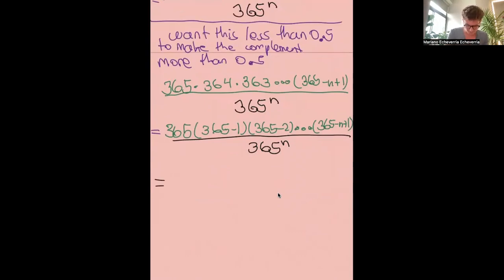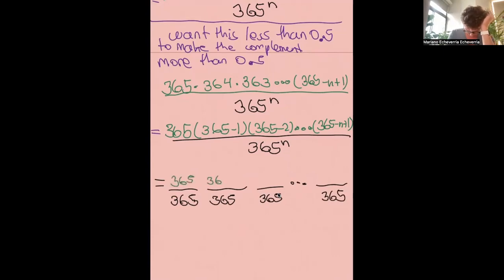I'm going to write it as a bunch of mini multiplications. Is that making sense? So I just broke the huge product into mini products.